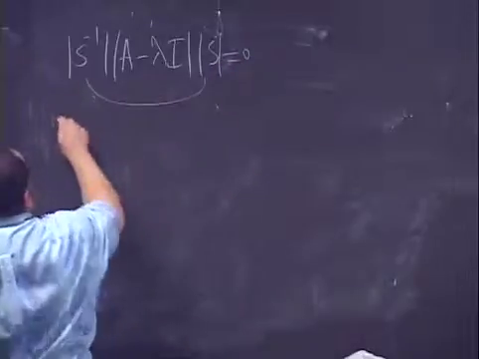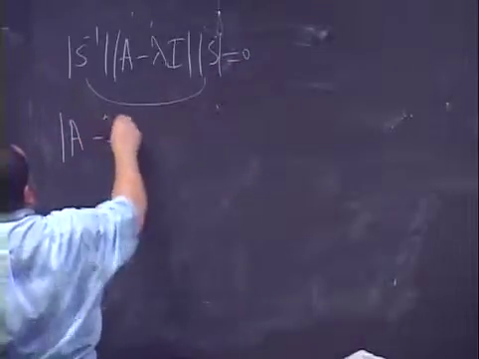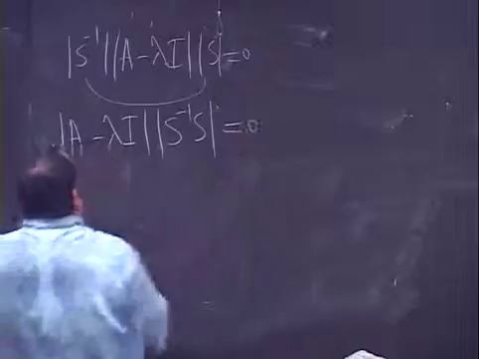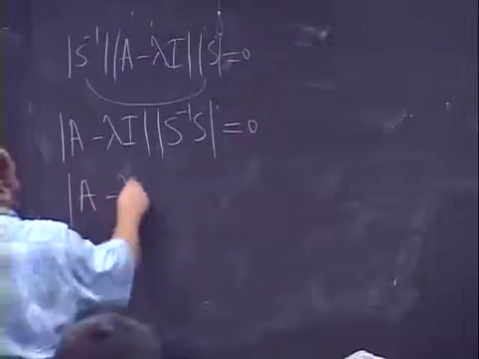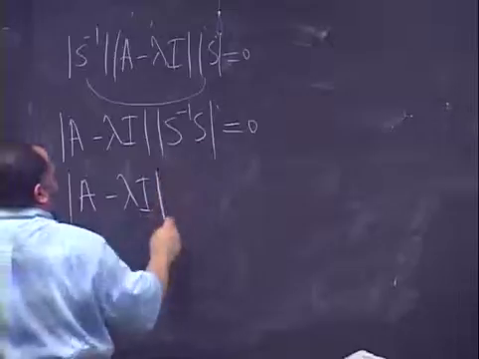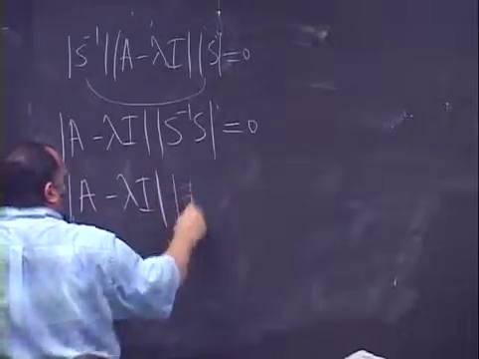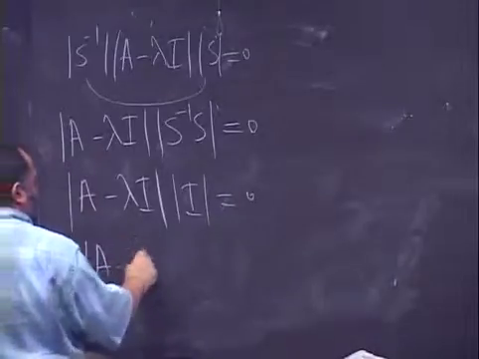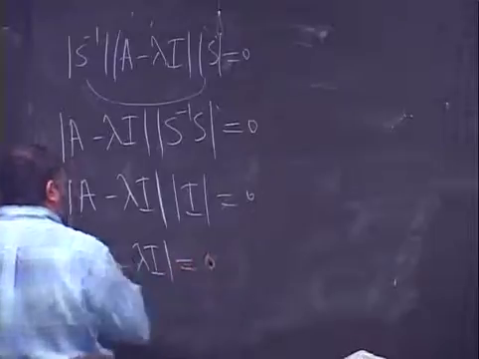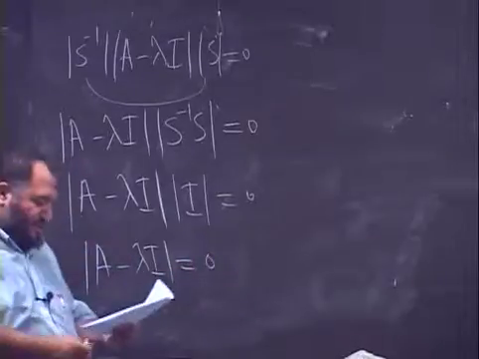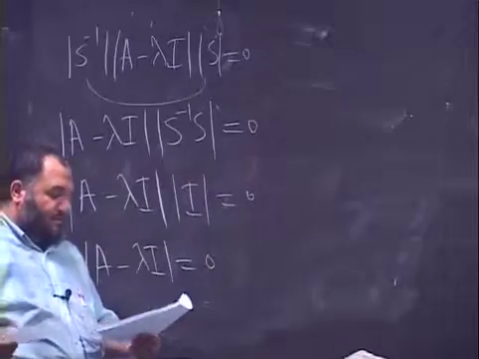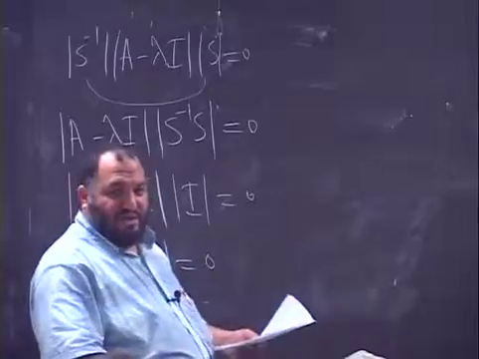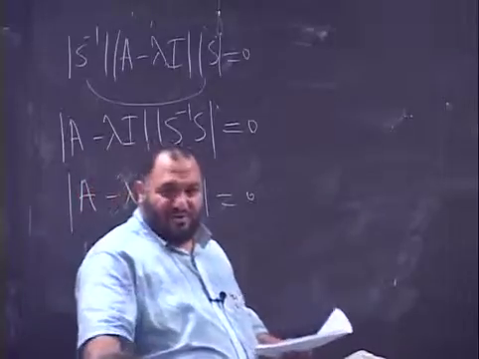You can combine those together, and this will give you the determinant of A minus lambda I, multiplied by the determinant of S minus 1, multiplied by the determinant of S, which is the determinant of I. This is 0. Then the determinant of I is equal to 1. So what did we get here? We proved that they have the same eigenvalues if they are similar matrices.